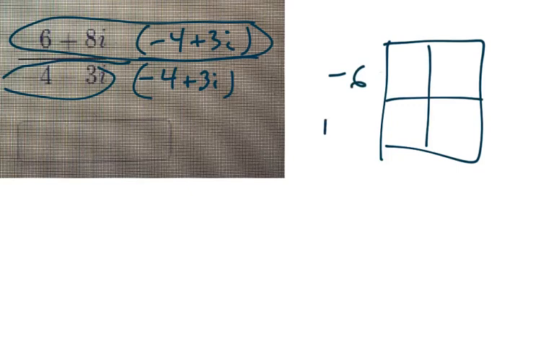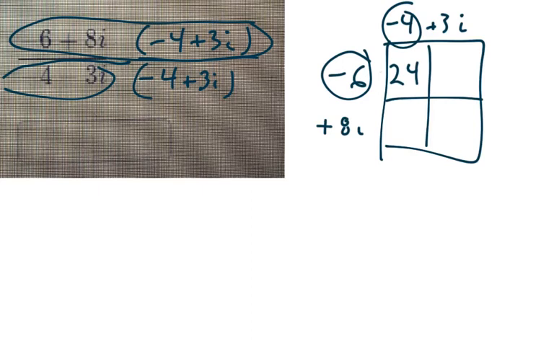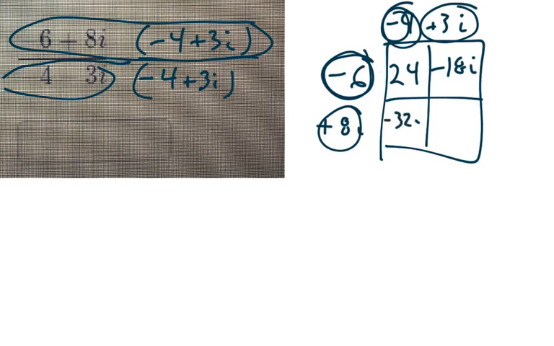We're going to do negative 6 plus 8i, right? Times negative 4 plus 3i. So negative 4 times negative 6 is positive 24. Watch your signs. 3i times negative 6, negative 18i. Negative 4 times 8, negative 32i.